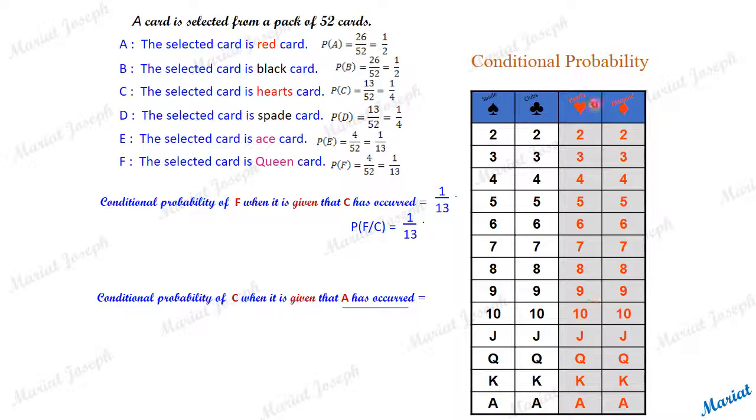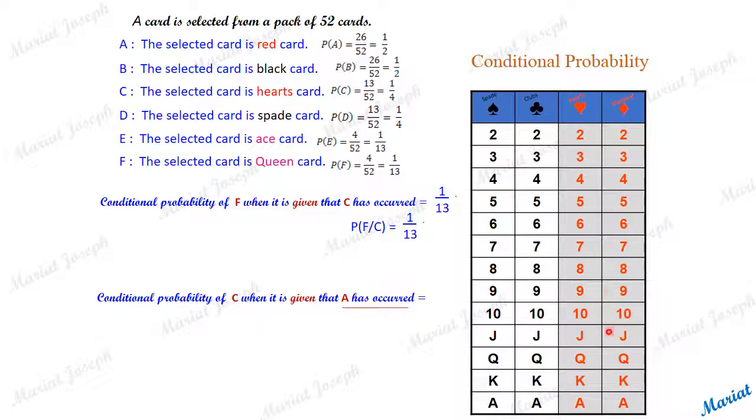Now under this information that is given to us, that A has occurred, we need to find the probability of C. What is C? C is getting a heart card. So once you know that the card that has come out is a red card, what chance is there that it is a hearts card?